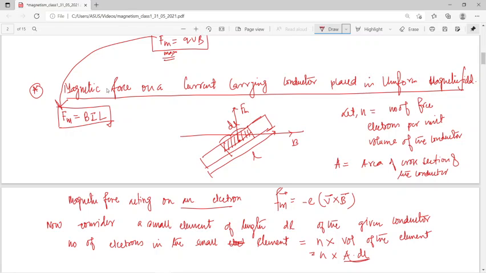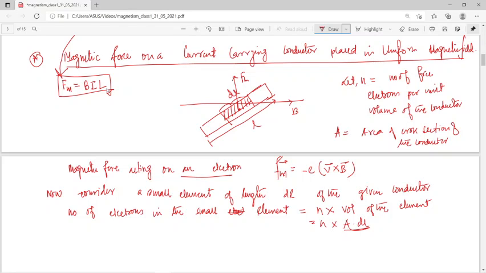So that is the number of electrons in the small element.